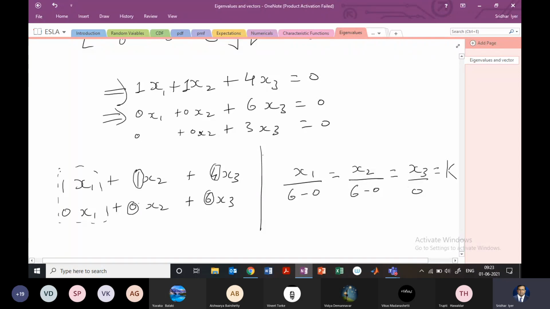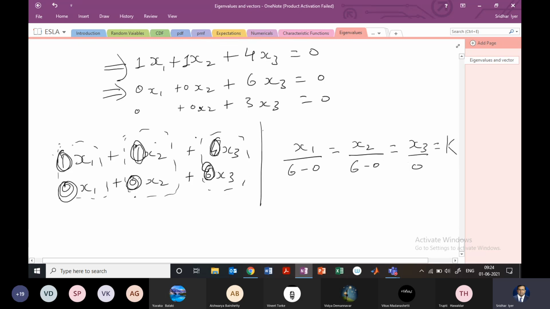Therefore, I get 6 minus 0. Similarly, to find x2, you ignore this column, and then you multiply this 6 with this 1 and this 4 with this 0. Finally, to find x3, you ignore this column, you multiply this 0 with this 1 minus this 1 with that 0, and you equate that to k.